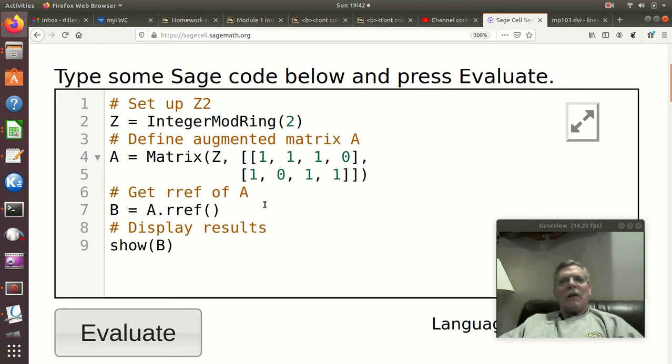And so Sage can handle this modular arithmetic very nicely, so that's very cool. And there we go. That's Sage with ZP, or in this specific case, Z2.